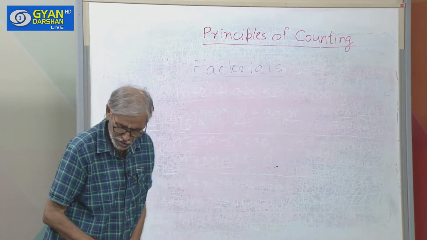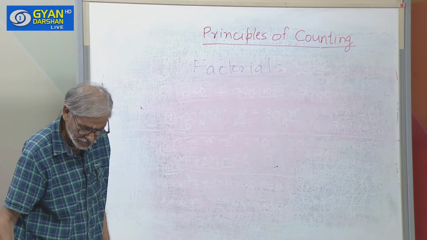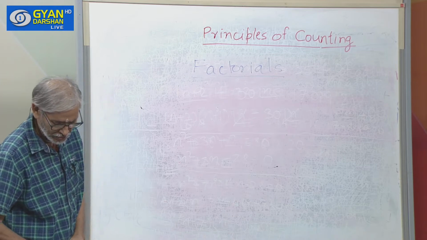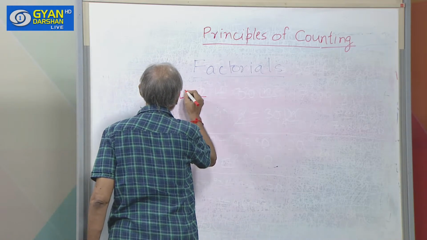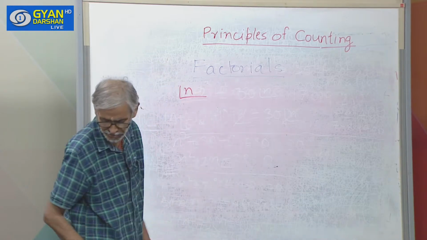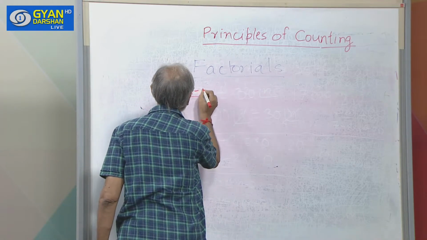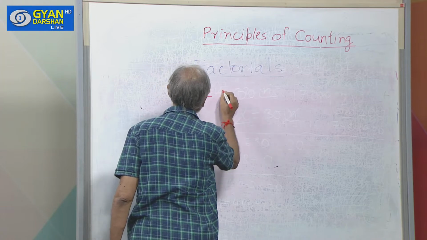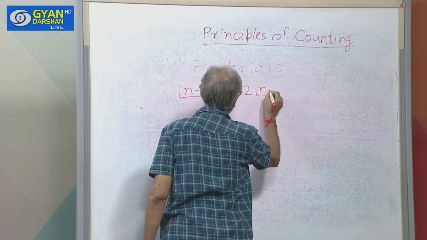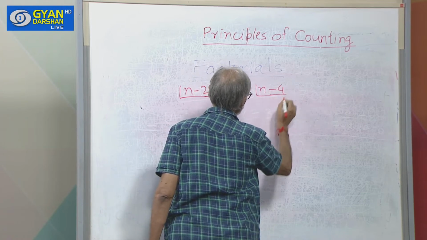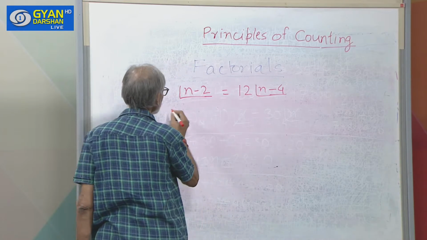I will take one more quick example. Suppose it is given that (n-2)! is equal to 12 multiplied by (n-4)!. So, how will you solve it?